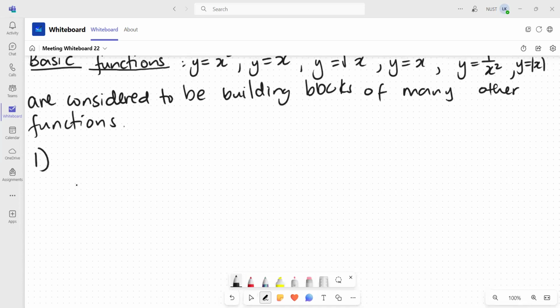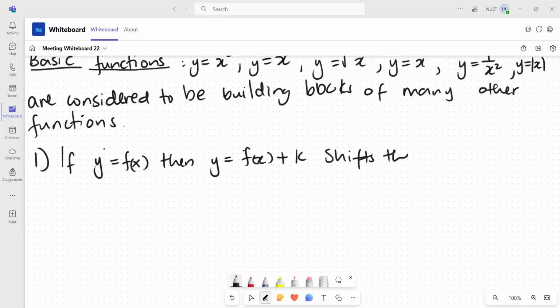Okay, so the first transformation we look at, we say that if y is equal to f of x, then y is equal to f of x plus k shifts the graph of y is equal to f of x up or down by k units.